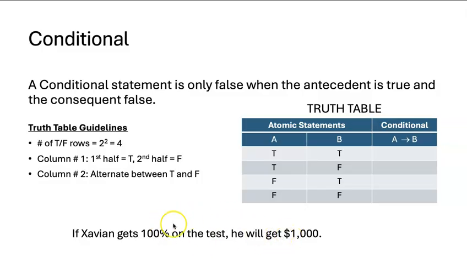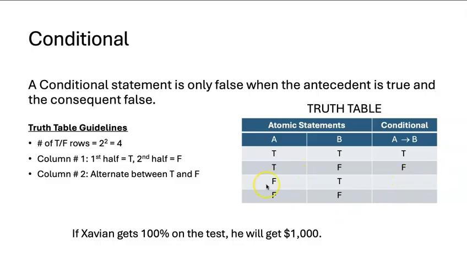So we're saying for this conditional statement to be false, the antecedent A must be true and the consequent must have been proven false. So in this case, antecedent true, consequent true, it's true. Antecedent true, consequent false. This is the one scenario where the conditional statement is false.